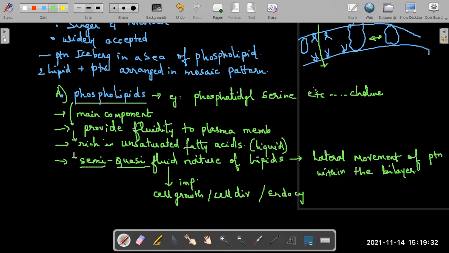Endocytosis means movement of components inside the cell; endo is inside and cyto means cytoplasm. They also help in the formation of cell junctions, where two cells are attached to each other.